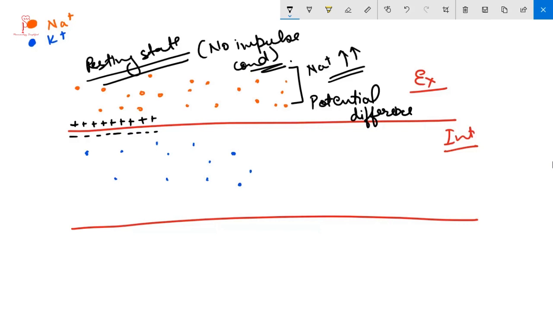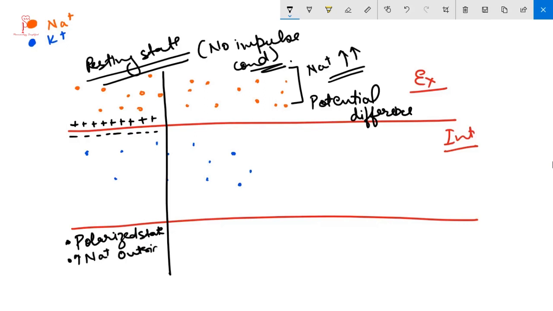Since there is a separation of charges, we can call it the polarized state. High sodium outside, high potassium inside the cell. So this is the polarized state or resting state.